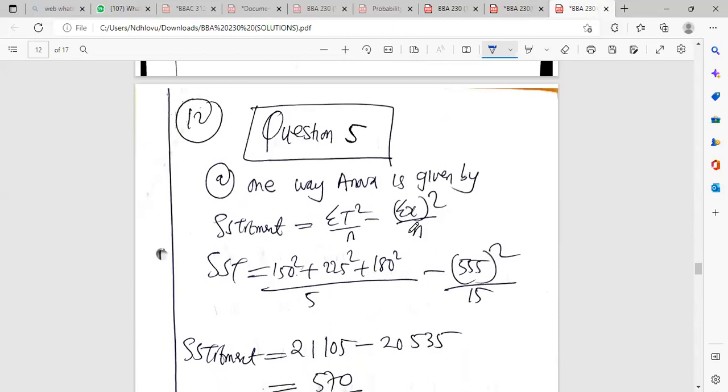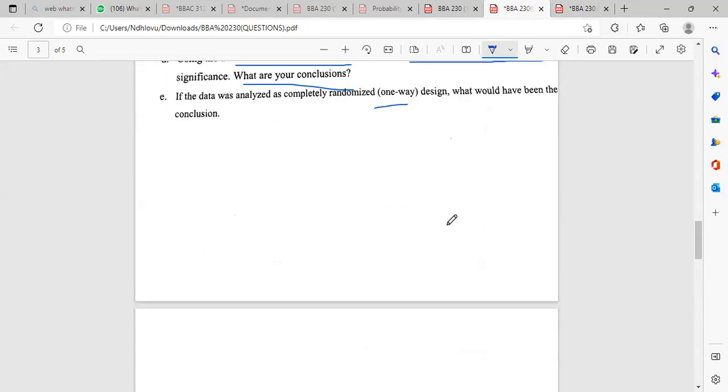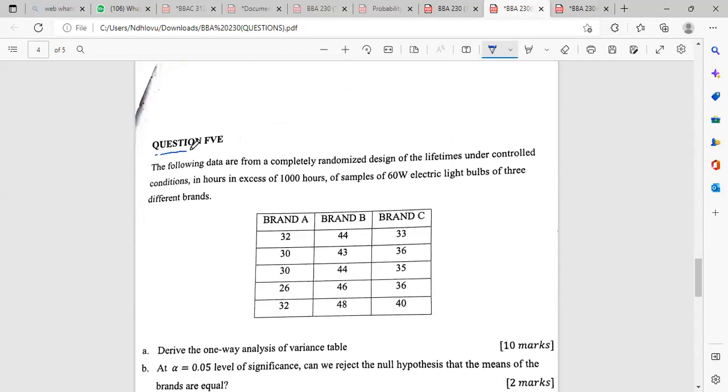So question 5, if you don't have blocks, the treatments are represented by columns. Question 5 is just a one-way ANOVA because it has only brand A, brand B, and brand C. So this is T1, treatment 1.